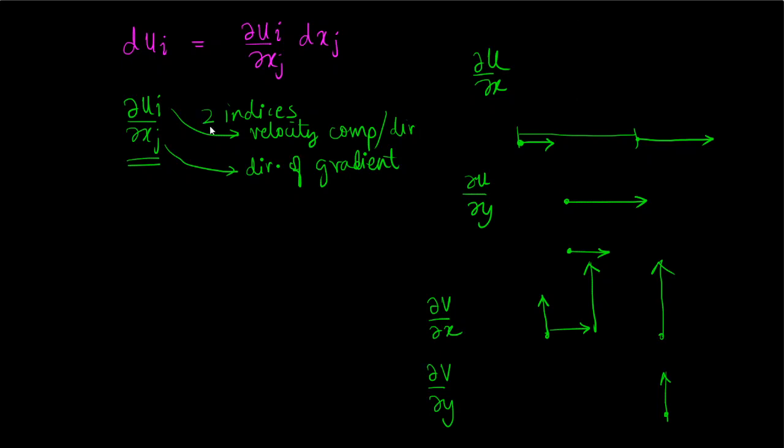Now because it is comprised of 2 indices, this particular entity is called the rate of strain. Well, it's not the rate of strain, it's called the velocity gradient tensor.